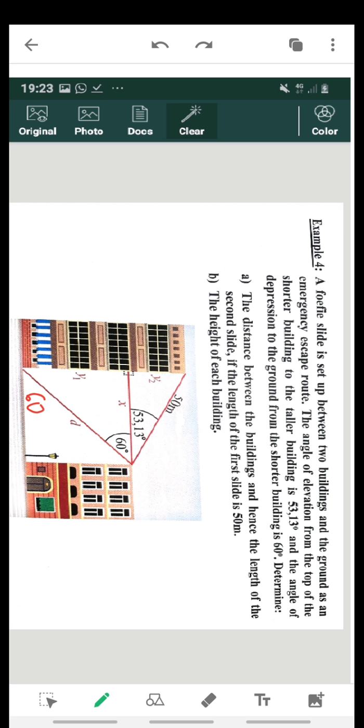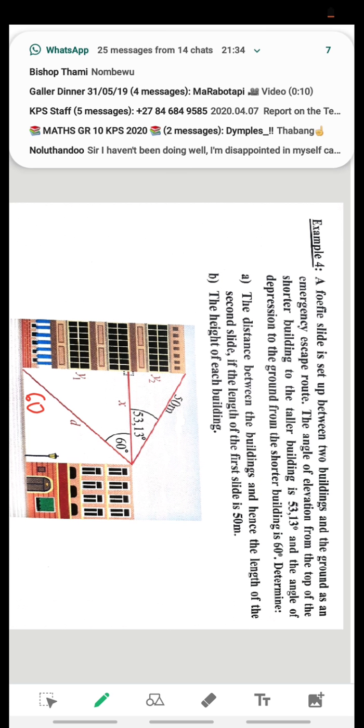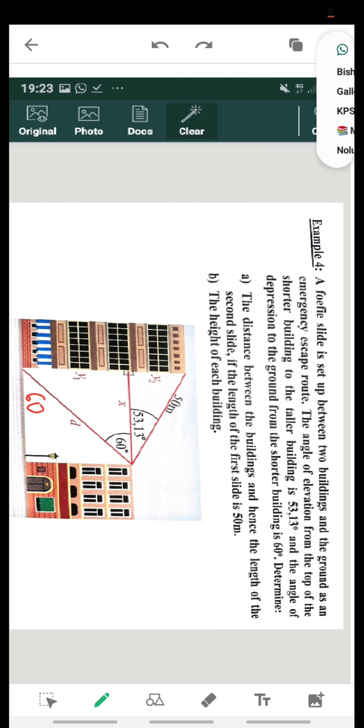Now, having said that, the angle of elevation from the top of the shorter building, the shorter building being this one, is 53,13 degrees. I see it on the diagram. And the angle of depression to the ground from the shorter building is 60 degrees.